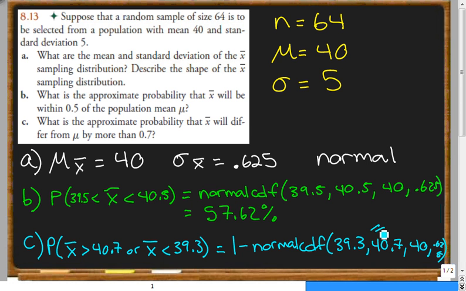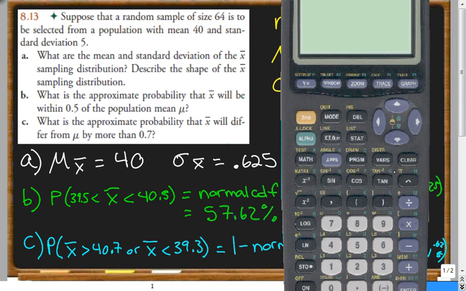And again, we're going to go to our calculator: second, distribute, normal CDF, and that is 39.3, comma, 40.7, comma, 40, and 0.625.